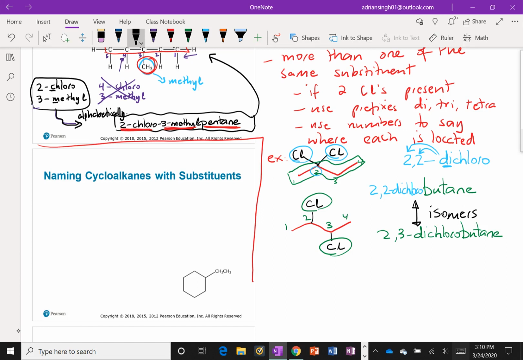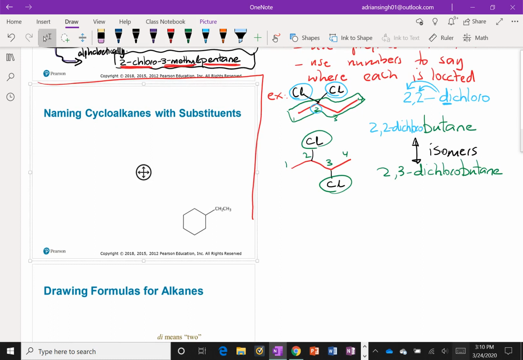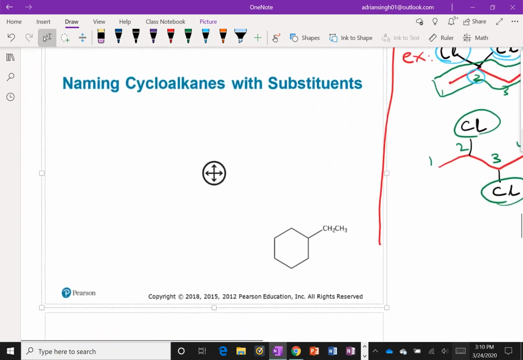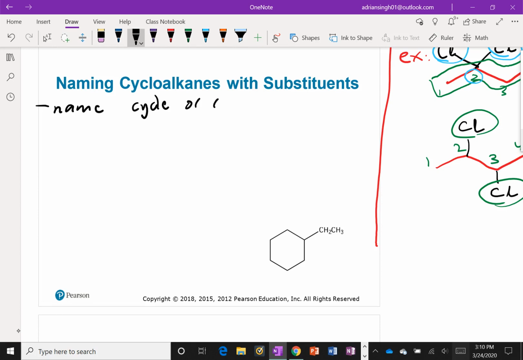Okay, so that's for structures that involve long chains. What about when we run into structures that have a cycle or a ring in them? Well, when we run into these cycloalkanes, we're going to use the same strategy. We're going to name the cycle or ring as the root name or last name.